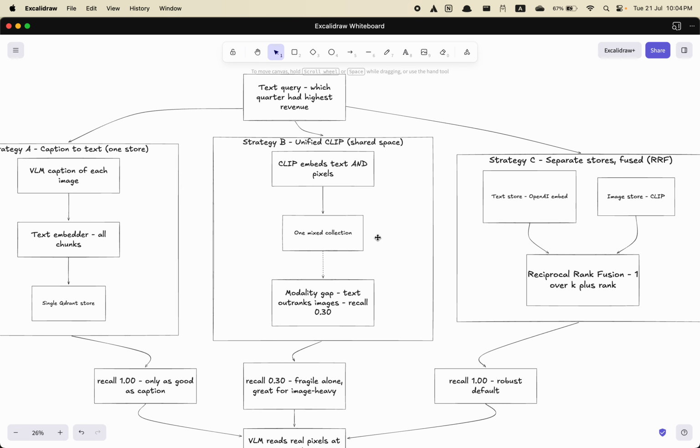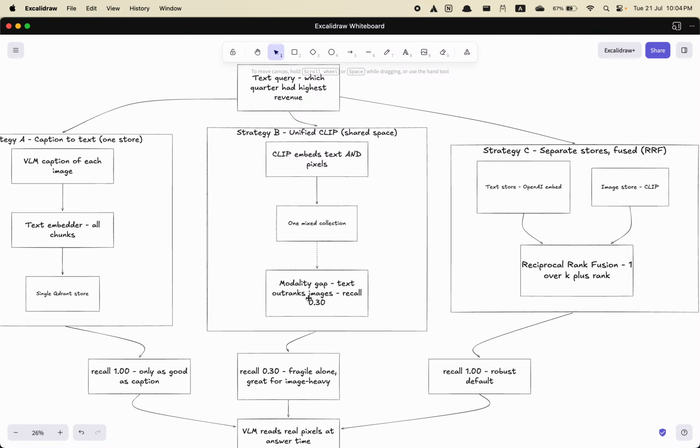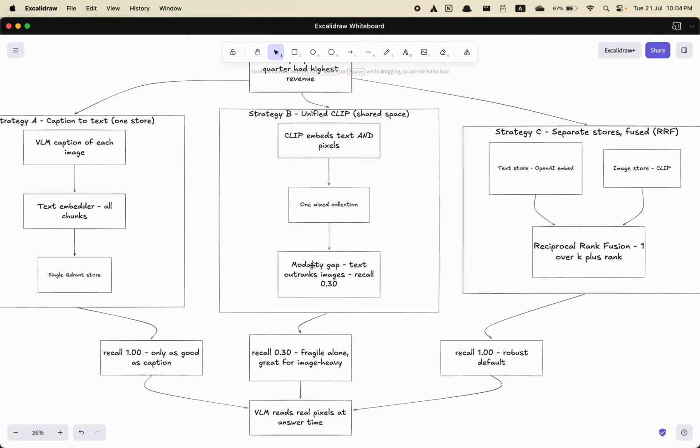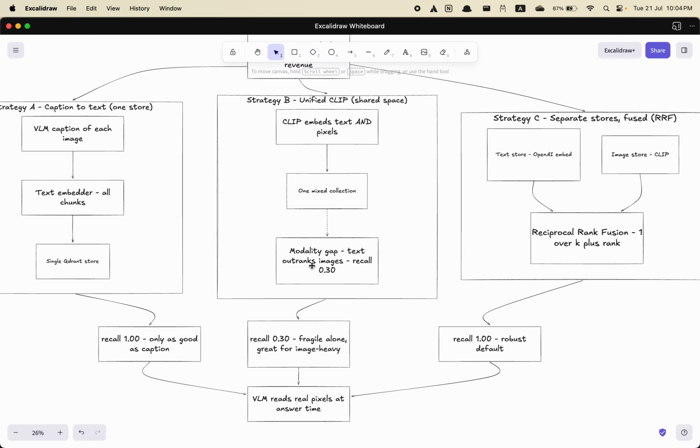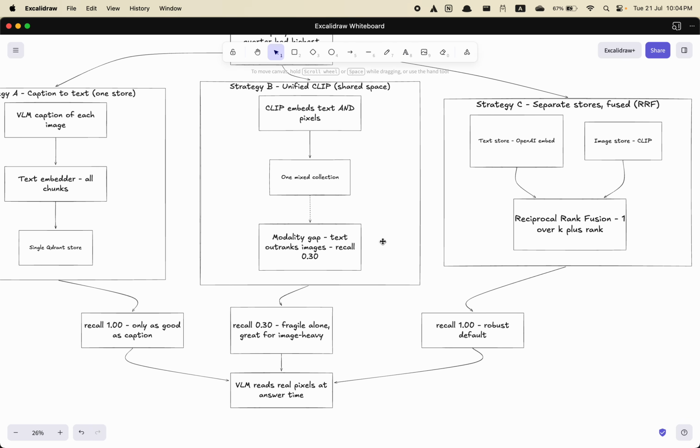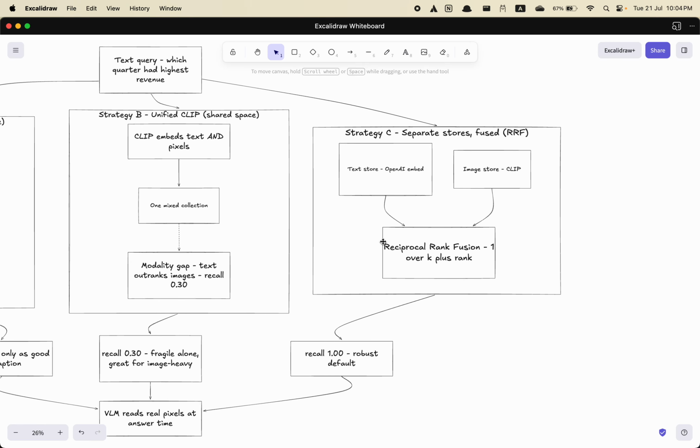And so a text query drifts towards any text over the right image. We saw this throughout what we built, and we could clearly see the modality gap at play, with poor recall for the kinds of queries we were asking.